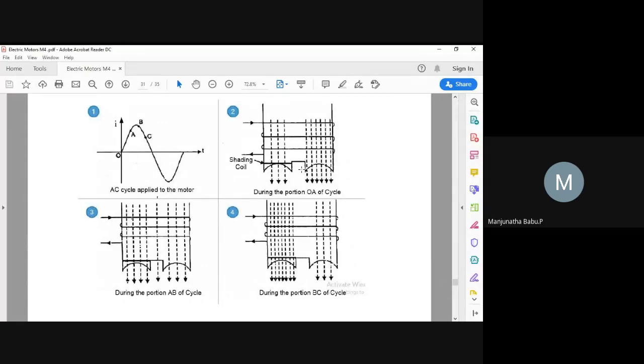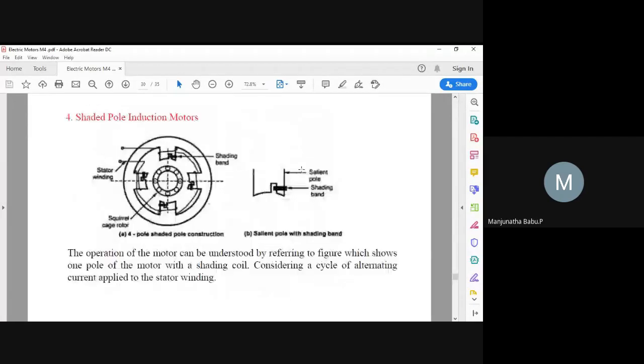Due to this, the circulating current through the shading band, as it is short circuited, produces its own flux. According to Lenz's law, the direction of the current is so as to oppose. The shading flux is opposing the main flux, so the flux produced in the unshaded portion will be opposing the shaded portion.